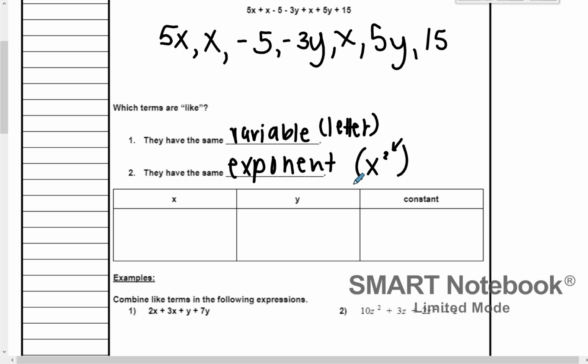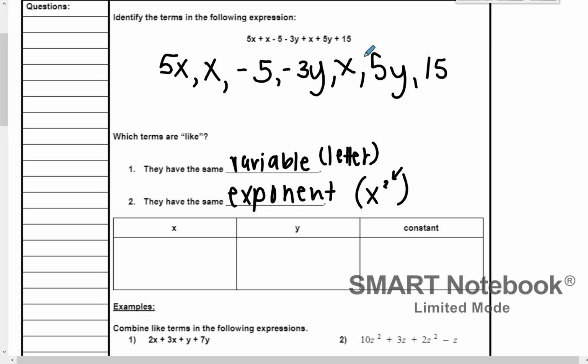Okay, so now let's sort our like terms. Our first term is a 5x. We're going to sort all of our x terms in here. 5x. Then we have an x. Then I'm going through to look for any other x's, and I have one more just plain x. All right, then I have a minus 5. A minus 5 is our constant. It does not have a letter.